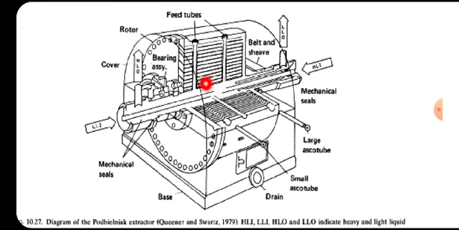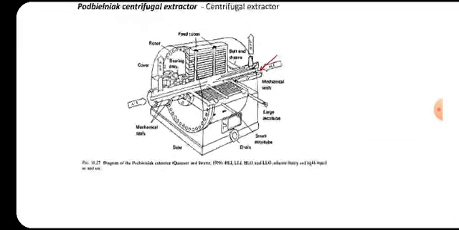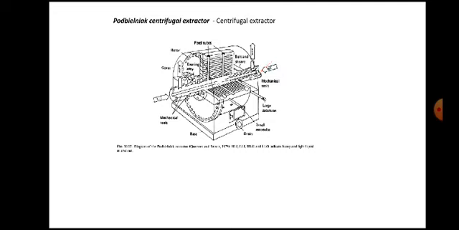So there will be a counter current mixing, and at the end this heavy liquid will be collected from the periphery, and light liquid will be collected from the center. That is the theory. Now this is the point from where the penicillin broth will enter.